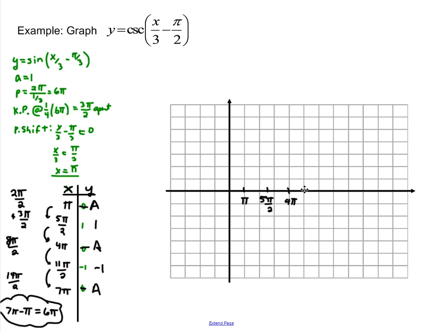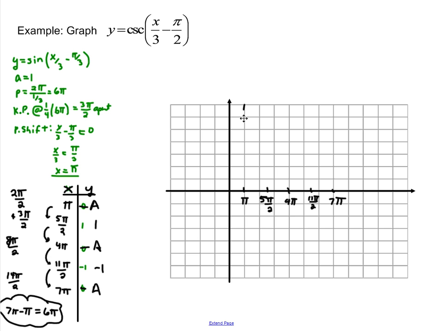Our next key point, 1.5 over, that's at 11 pi over 2. And then finally our last key point is over here at 7 pi. 1, 2, 3, 4, 5 key points right there.